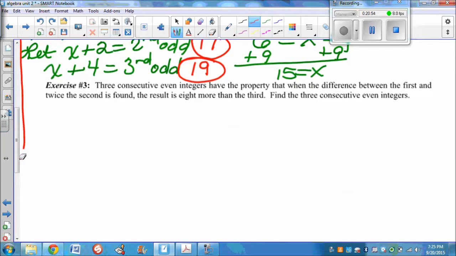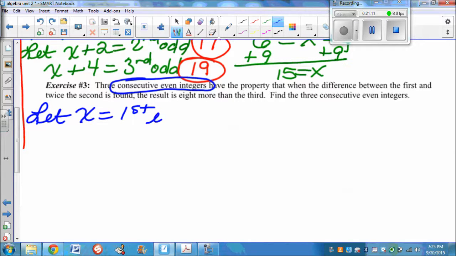So, let's look at number 3, and then I'll give you the answer to 4, and we will be done. So now this one changes. It says 3 consecutive even integers. So I know my first one has to be x. That's my first even integer. Now, how far apart are even integers?